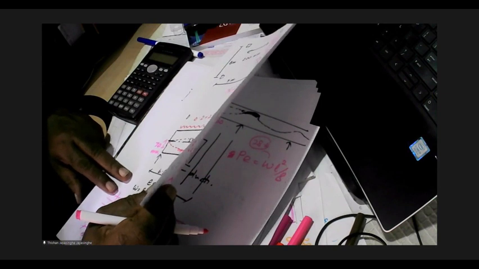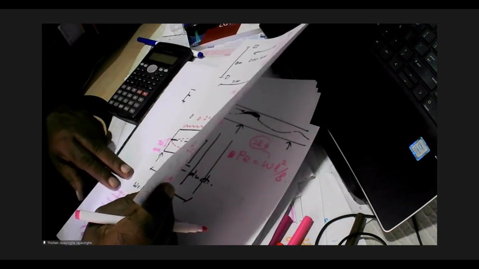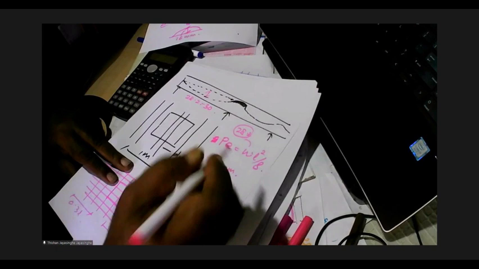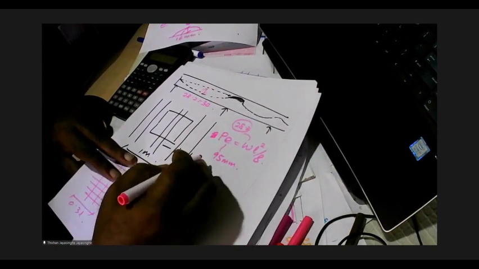And if you know the eccentricity in this direction, let's say the eccentricity is about 90 millimeters, is 95 millimeters. So let's say it is 95 millimeters. And from this, you can find the value of P.